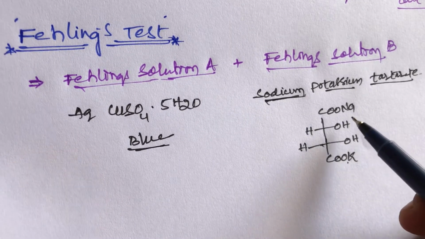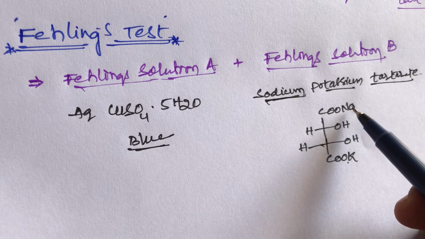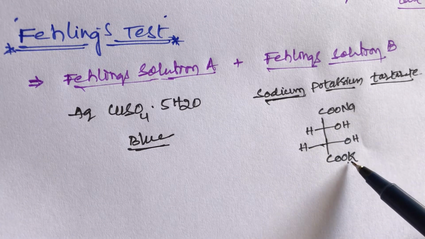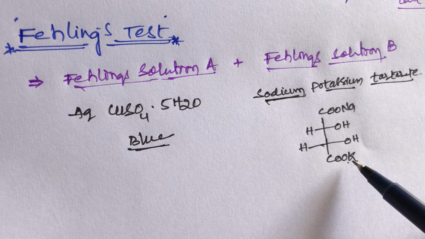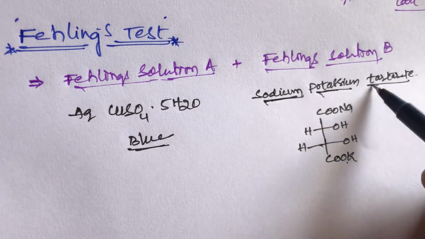In tartaric acid, two carboxylic acid groups are there, one at the top, COOH, and one at the bottom, COOH. But here, in one COOH group the hydrogen is replaced by sodium, and in the other the hydrogen is replaced by potassium. So that's why it is called sodium potassium tartrate.